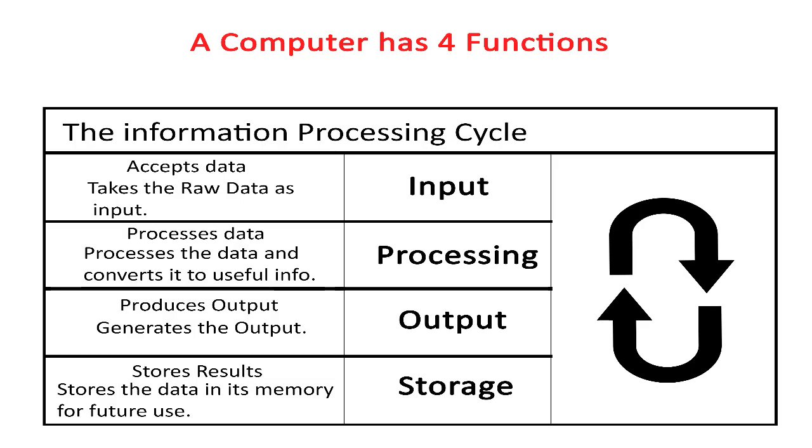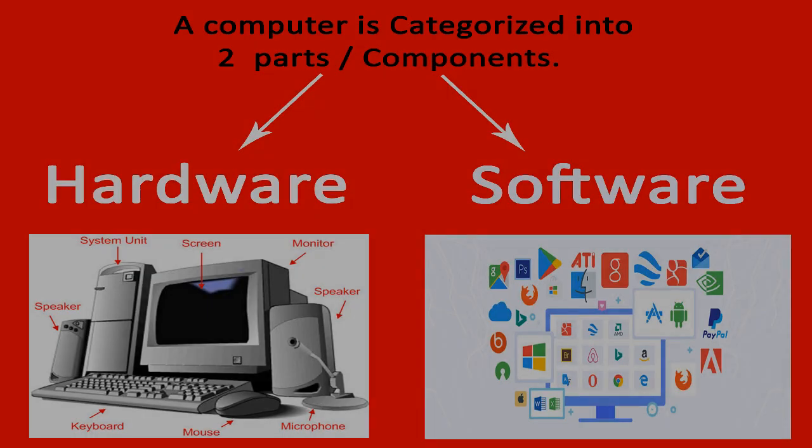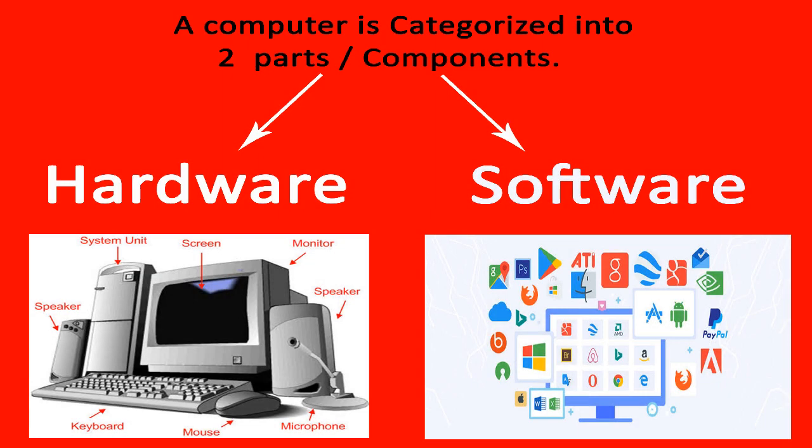So let's move to the two categories, or the two parts, of a computer. We have the hardware part and we have the software part. The hardware part, as you can see, is the visible and tangible parts of a computer. For example, the monitor, the keyboard, the speakers, the system unit. Those are hardware, they have physical components.